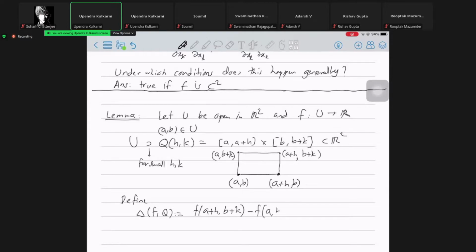F of (A plus H, B plus K) minus F of (A, B plus K) minus F of (A plus H, B) plus F of (A, B). So notice that this is also the same thing as F of (A plus H, B plus K).